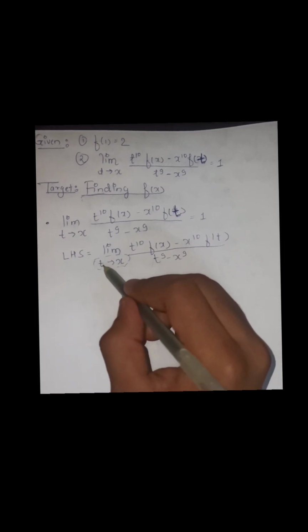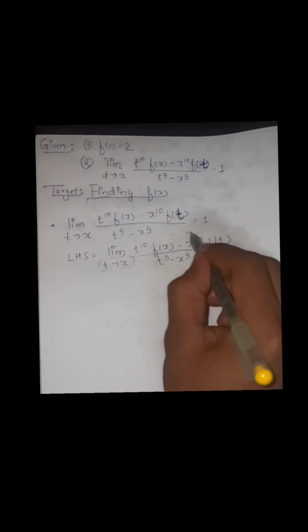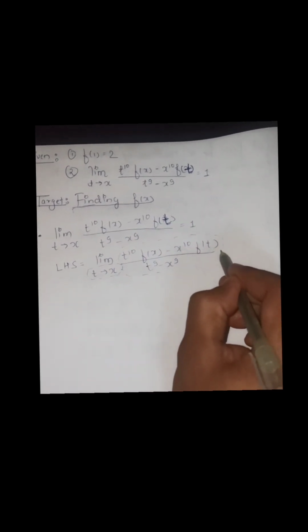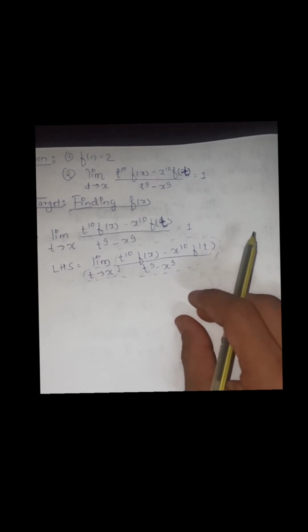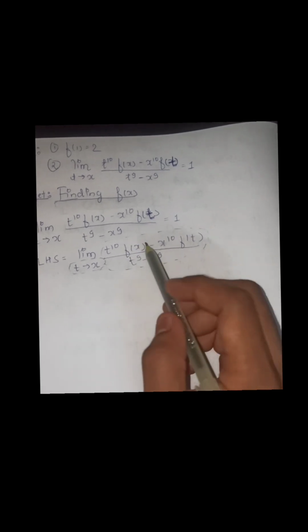Because the variable term is t and not x, but this expression was given in terms of t and x, in exam pressure we may forget this thing while calculating, that what was the variable term.